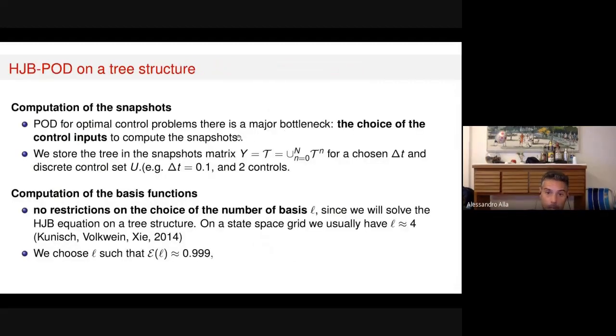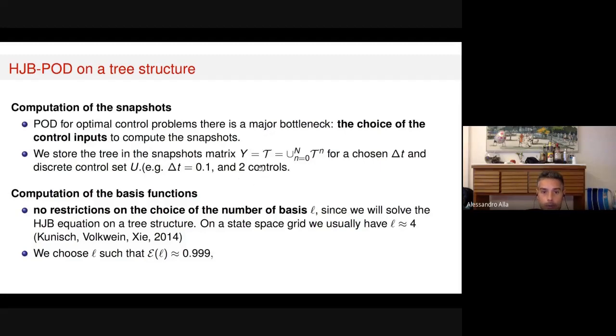This is very important, because usually when doing model reduction in the control setting, the control is unknown. So this is not easy, and also the basis depends on the data. If the data have nothing to do with the control problem, then we are in trouble. So in this way, we know how to compute the snapshots.